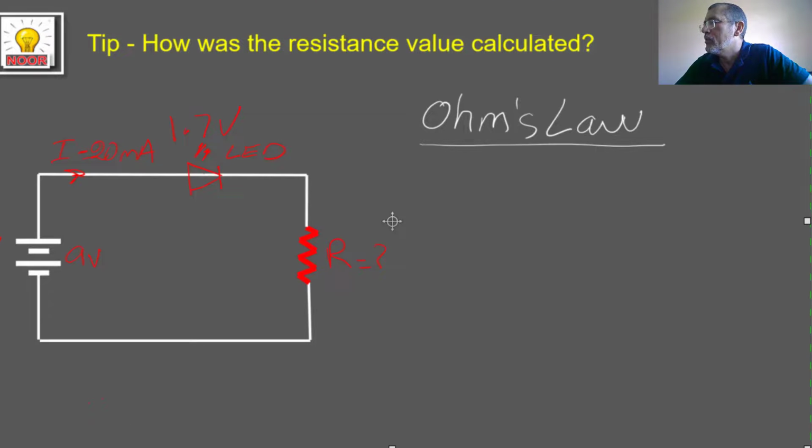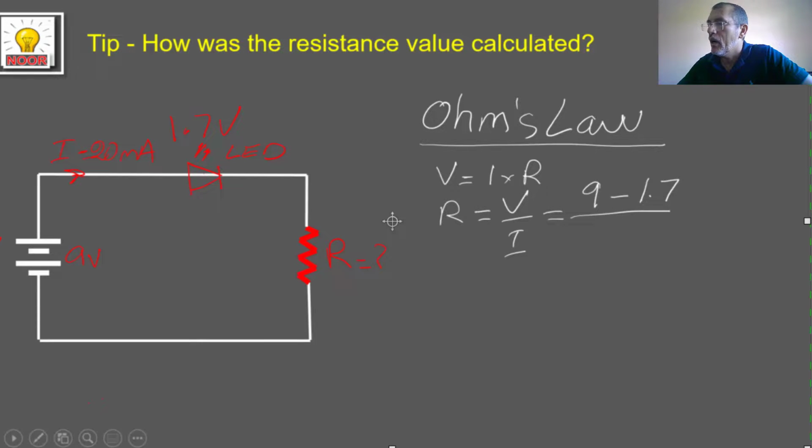Now using Ohm's law, V equals I times R. To get R, we have to divide V by I, okay? And then we place these values. V is 9 volts minus the 1.7 volts, so 9 minus 1.7.